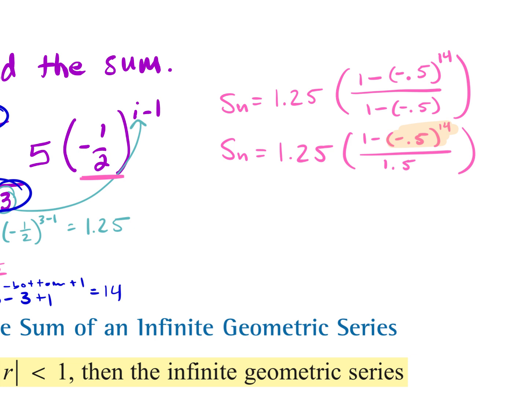So we got 1.25 times, on top, I now have 0.99993. It keeps going, but I'm going to leave it in the calculator. We're going to divide it by 1.5 now.